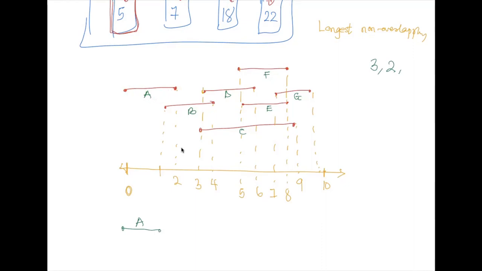If you choose A as the earliest finishing time, I remove all intervals that conflict with A. Then these ones are left. Choose the earliest finishing time again, choose D, then remove all that overlap and you choose G. So all you need to do is just one pass through. Then simply use a heap to do it. After you heapify this, you can just use one pass through, and that's O of n time.